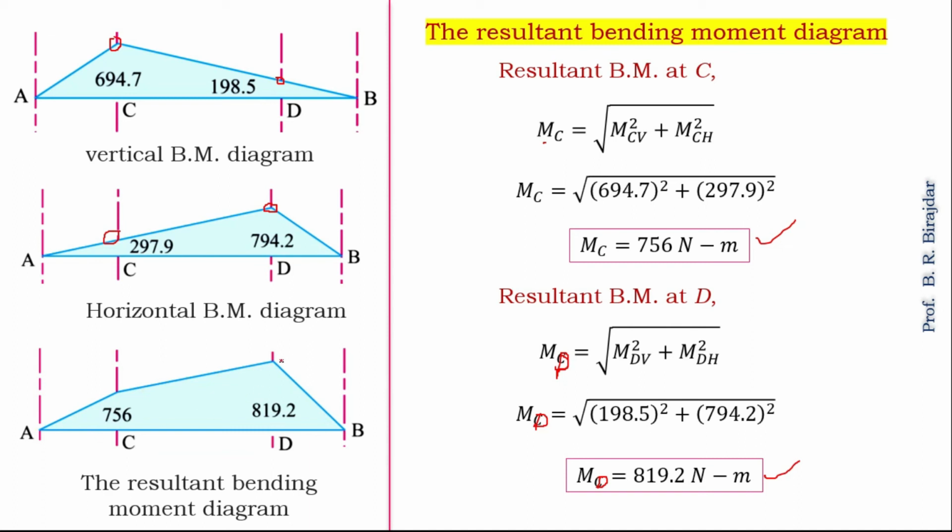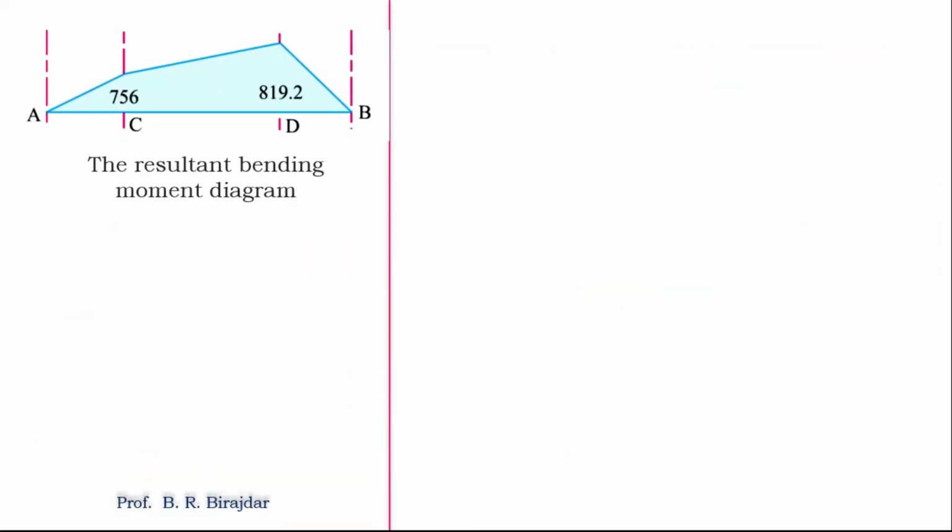So we can say that the maximum bending moment for the vertical and horizontal loading is at point D, with the value 819.2 Newton meter. This value we have to take.